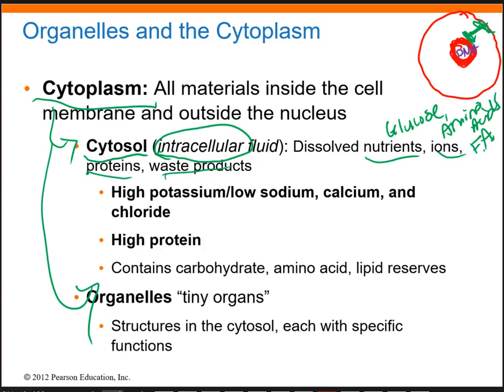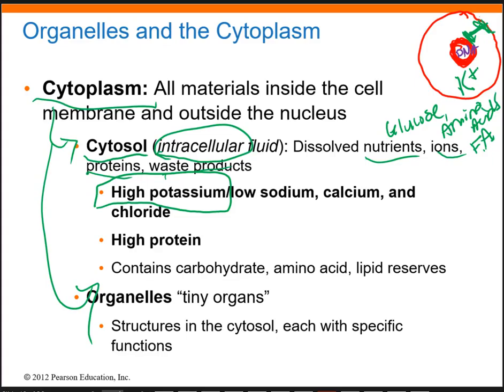Now, when we look at this intracellular fluid, it does not match extracellular fluid. So the fluid inside the cell is different from the fluid outside the cell. Inside the cell, there is high potassium. So there's more potassium inside than there is outside.